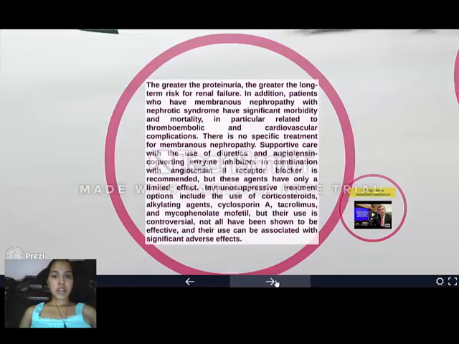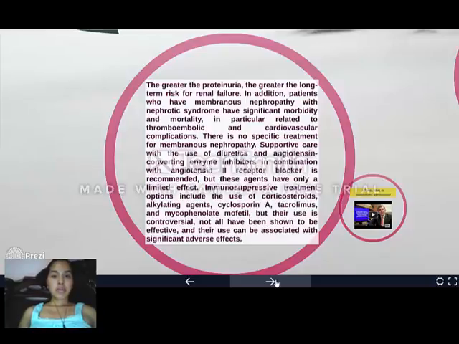Risk for renal failure: in addition, patients who have membranous nephropathy with nephrotic syndrome have significant morbidity and mortality, in particular related to thromboembolic and cardiovascular complications. There is no specific treatment for membranous nephropathy.